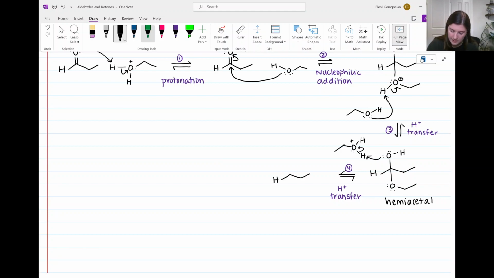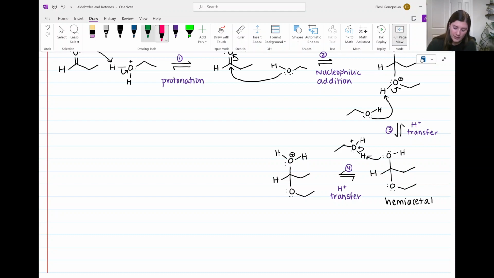The product of this step is that we now have an OH2 group bonded to what was our carbonyl carbon. This is the carbon where all the science is happening, the carbon that was the carbonyl carbon.